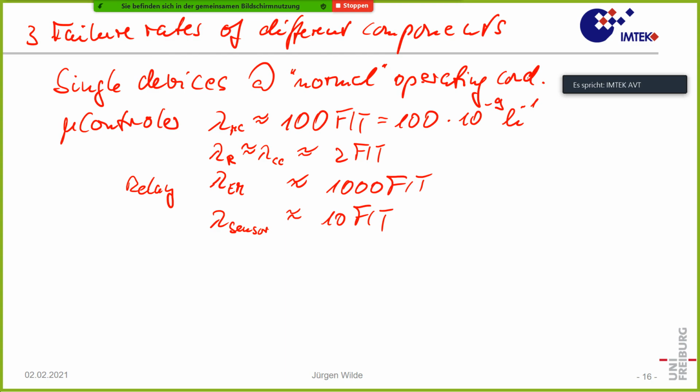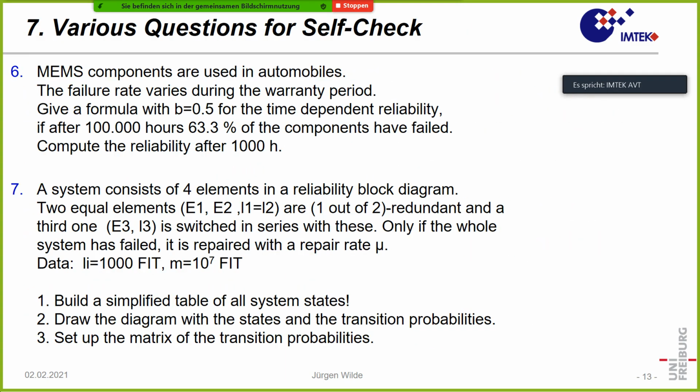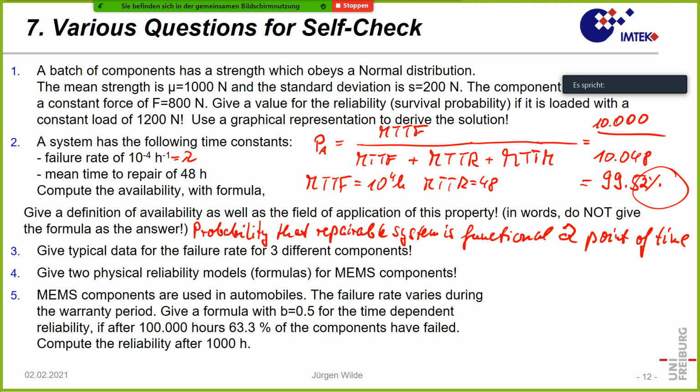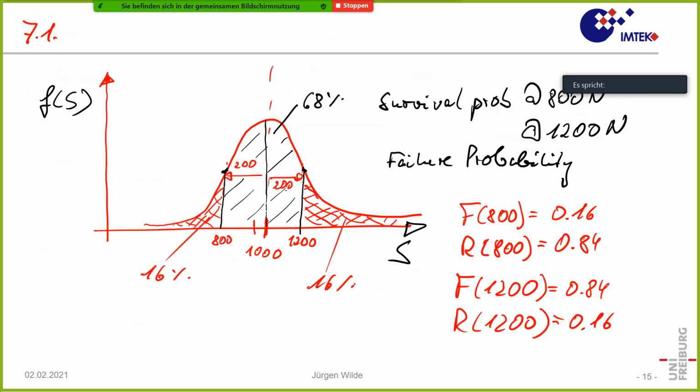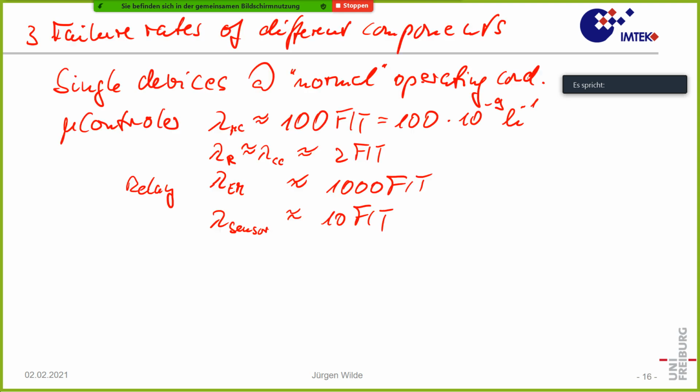Okay, let's go back to: give two physical reliability models for MEMS or generally microelectronic components. What is a reliability model?